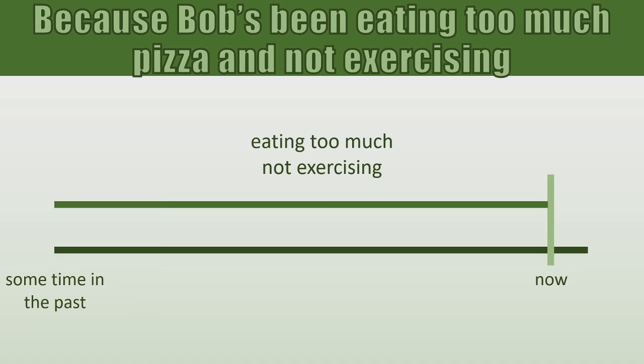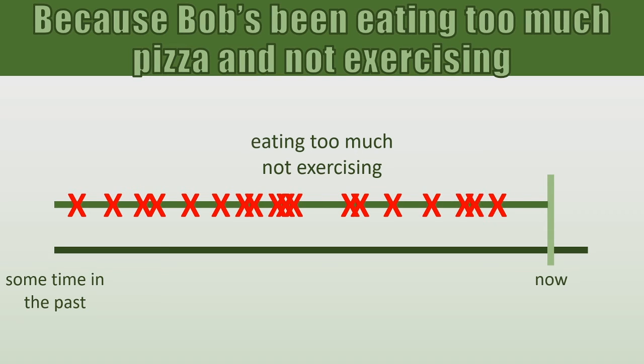So, sometime in the past, now, and we have our not exercising, we have our eating too much pizza, our reason and our result. The reason is exactly eating too much pizza and not exercising. The result is, yes, exactly, he's fat.